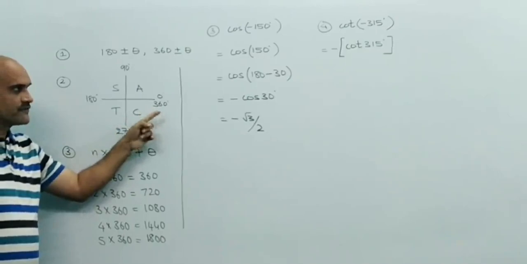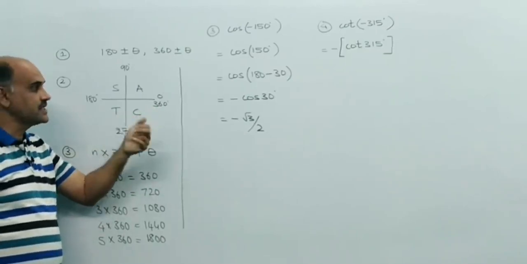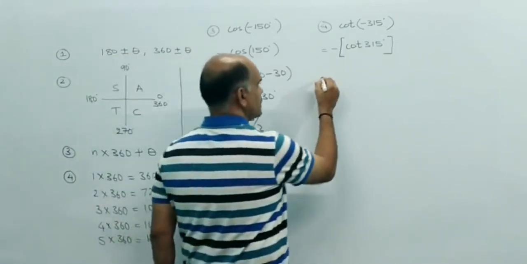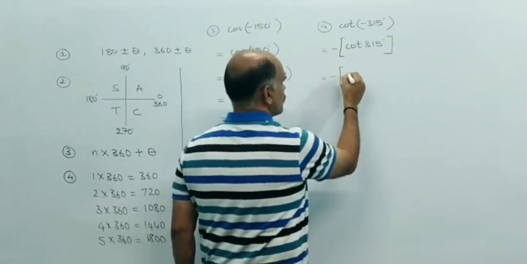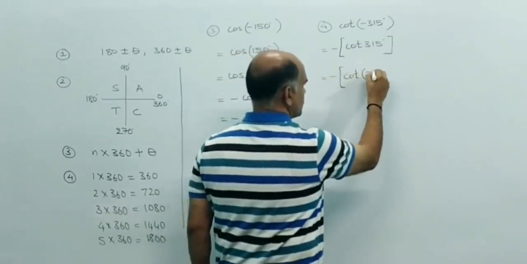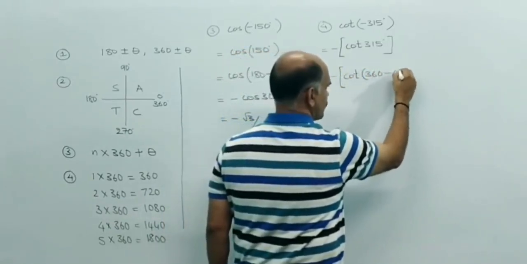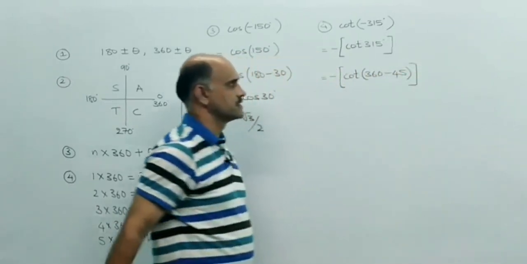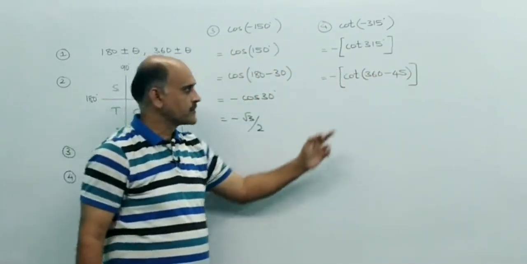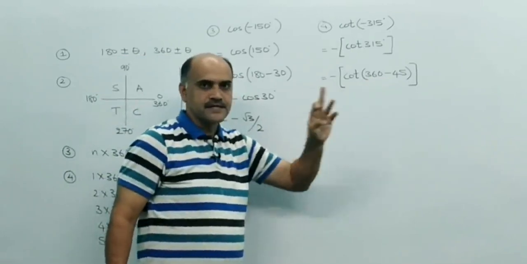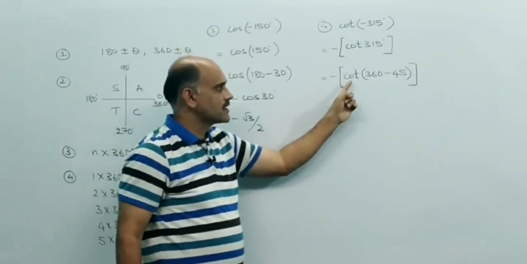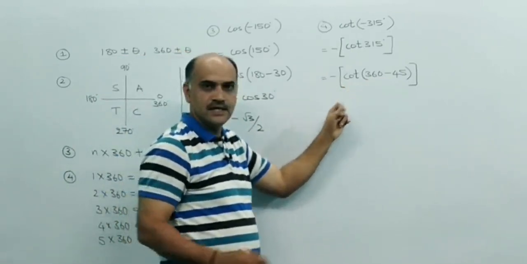Now again 315 is near to 360. So 315 is written as 360 minus 45. So minus cot 360 minus 45. 360 minus means it is in the fourth quadrant. In the fourth quadrant cot is negative.